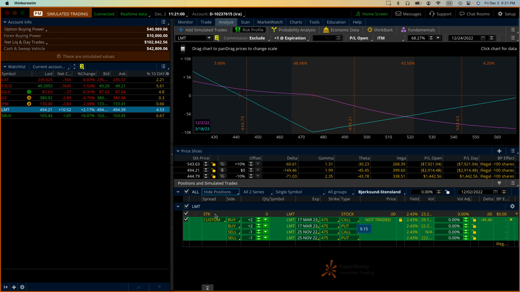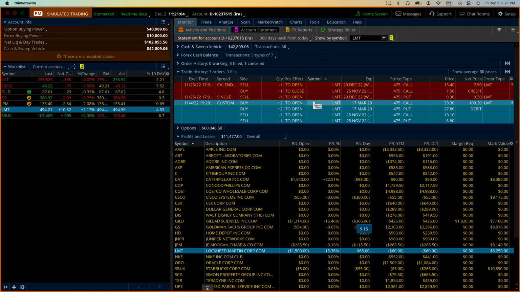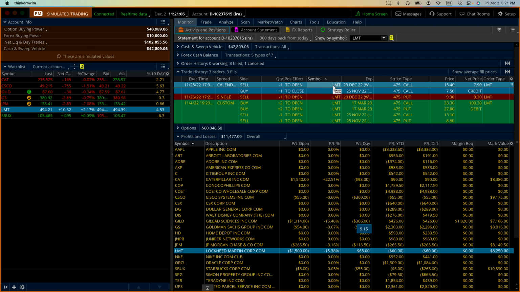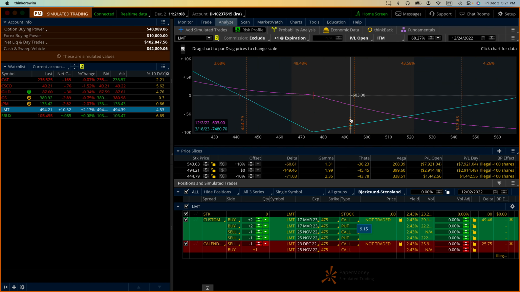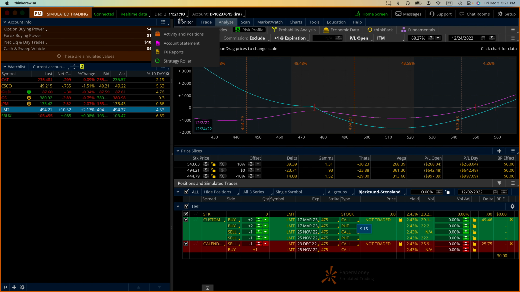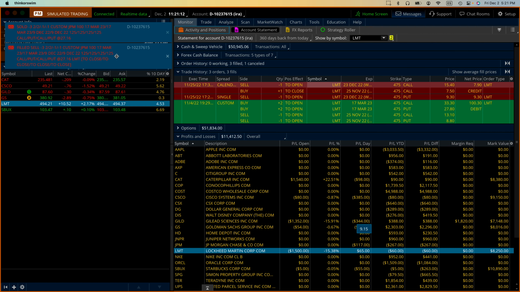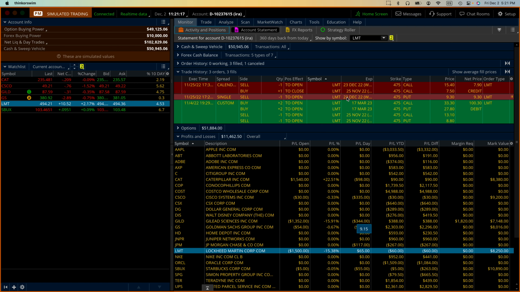Let's see. So we need to bring all the trade over here, okay? You can see that I roll over the call side and the put will be back to JP Morgan. It looks like closed. This put here was added. The November one simply expired.